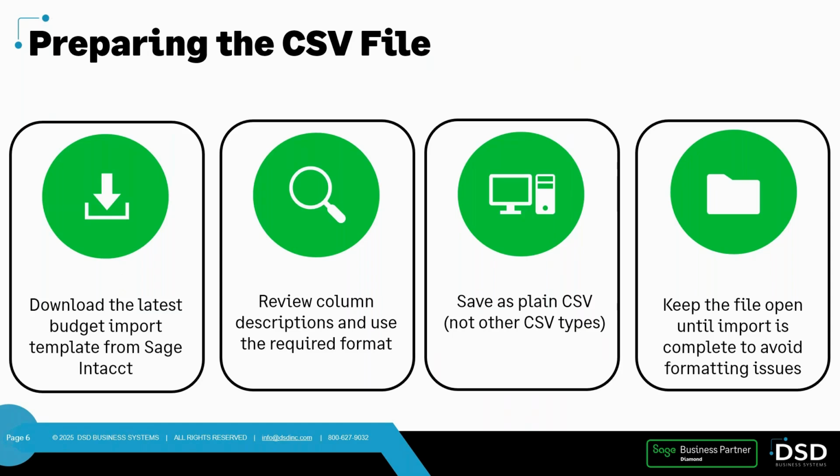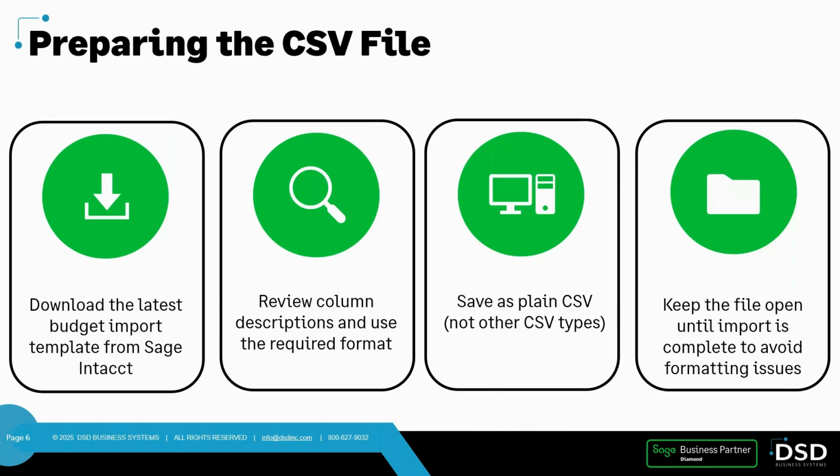So it's kind of already pre-loaded for you. And then next, we're going to go ahead and review those columns, making sure the descriptions are correct. They're all in the right format. Anything that says required has been populated as well. And we'll take a look at that and how that template looks like in just a few moments.